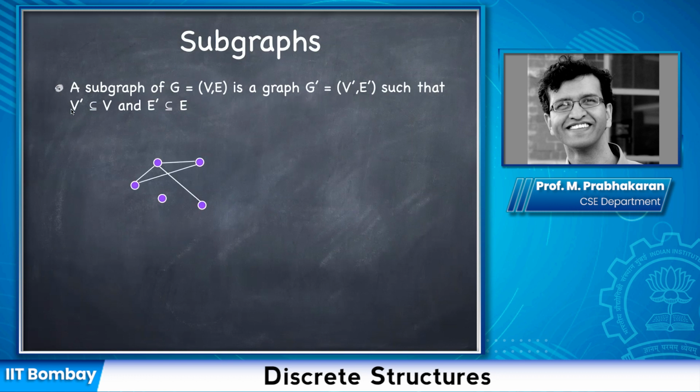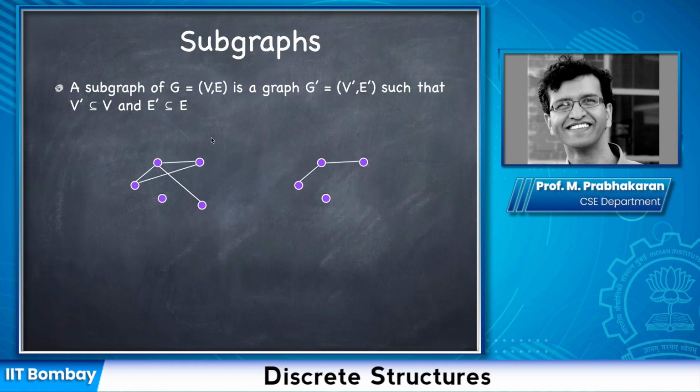For instance, here is a graph G, and you could pick out some of the vertices. So V has 5 nodes here, V prime has 4 nodes, and G has 4 edges here. Only 2 of those edges are retained in G prime.